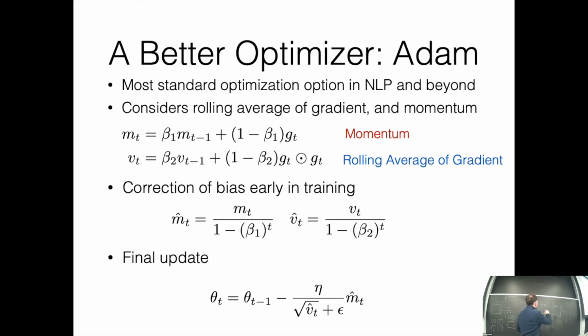Over here, this one will have lots of updates, and so the amount that we update this will be relatively large. Whereas over here, this will not have very many updates. We'll have lots of 0 updates also. And so the amount that we update this will be relatively small. And so this squared gradient here will be smaller for the values over here.